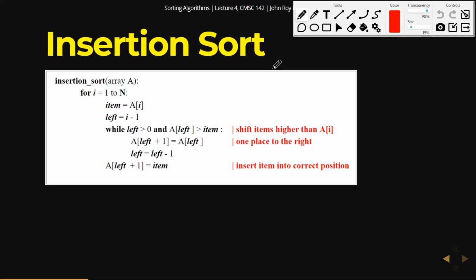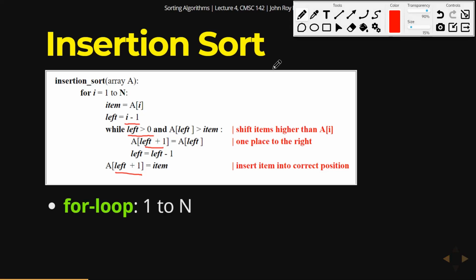So start with left = i minus 1, and continue until left is still greater than 0, meaning you haven't fallen off the left edge of the array, and a sub left is still greater than the item, meaning you could still move the item to the left. Keep going until you find the correct position to insert it into. And when you've done that, insert it into the correct position, and you have already shifted the other items to the right.